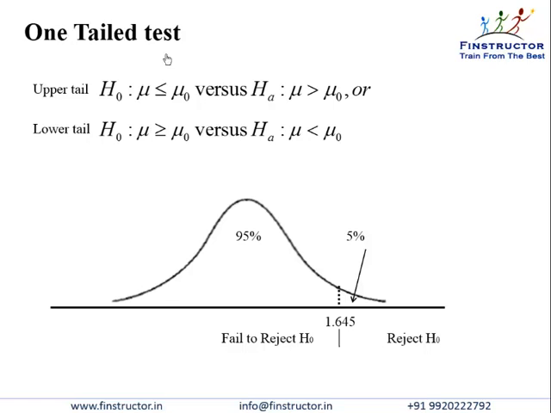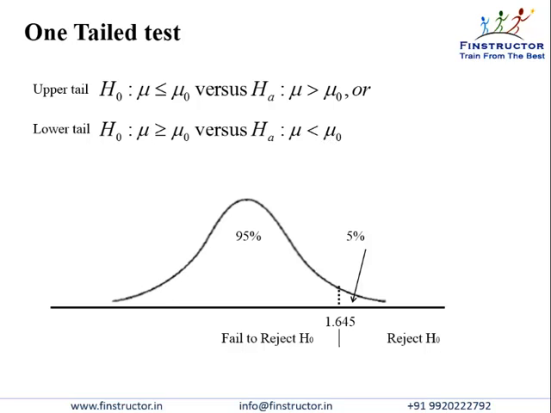We'll now go on to understanding the one-tailed test. We would know that the test is a one-tailed test if the null hypothesis takes the form mu is less than or equal to a particular value, and the alternative is that mu is greater than that value, or if the null is of the form that mu is greater than or equal to some value, and the alternative is that mu is less than a particular value.